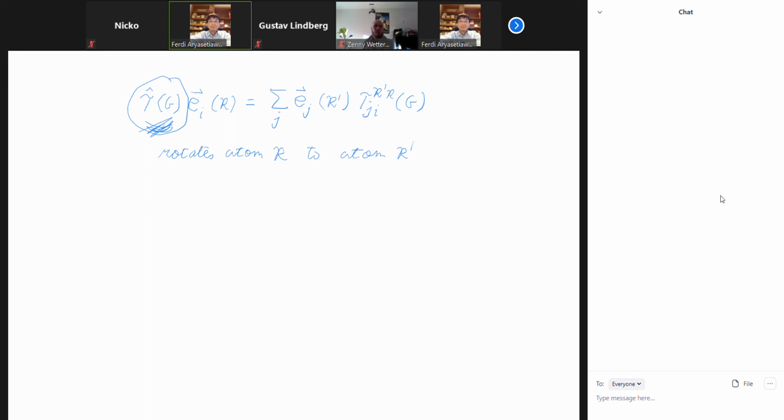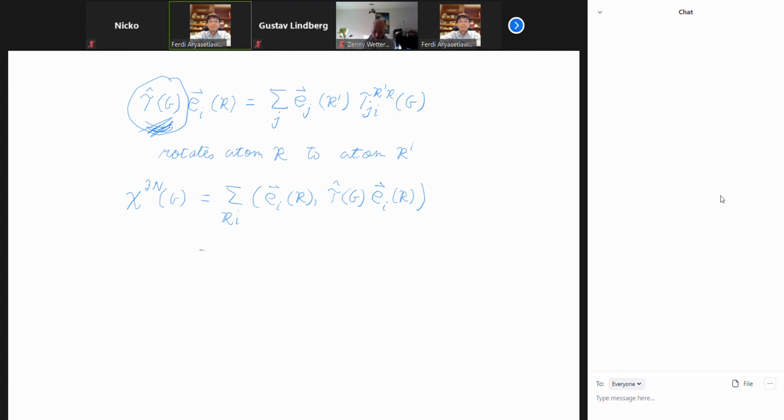Now the character of the 3n representation for a given G is just the sum over i of the matrix elements of the symmetry operator in this Cartesian basis.